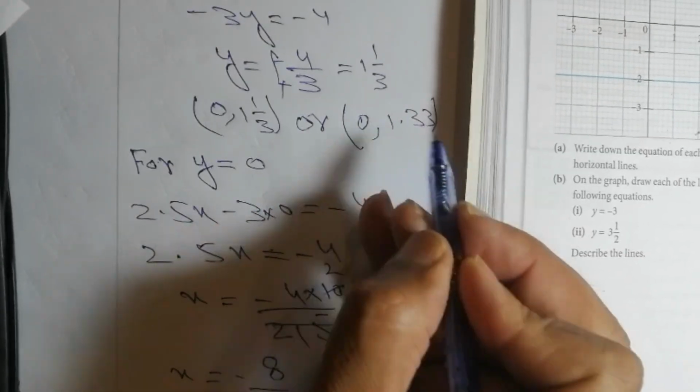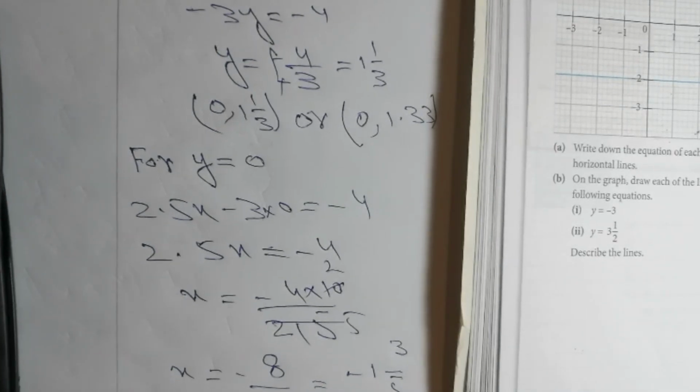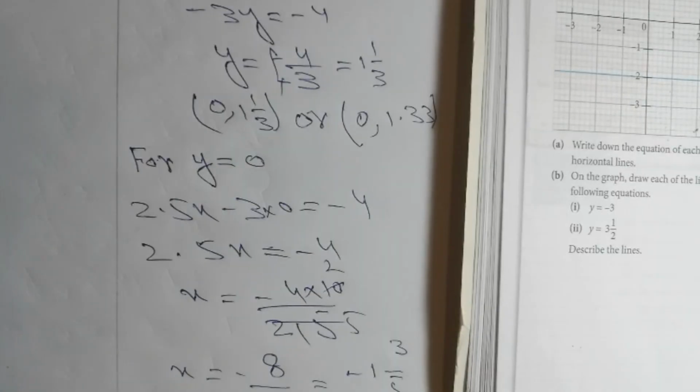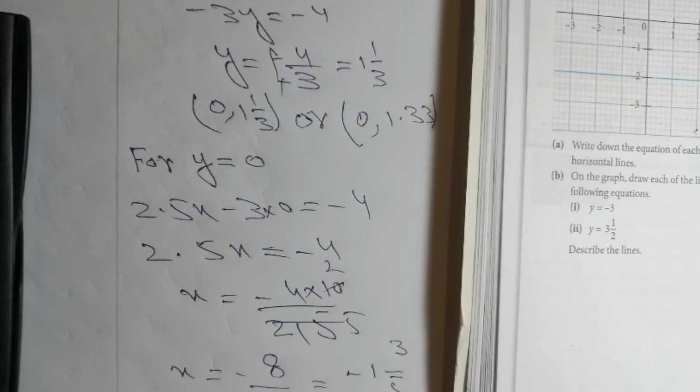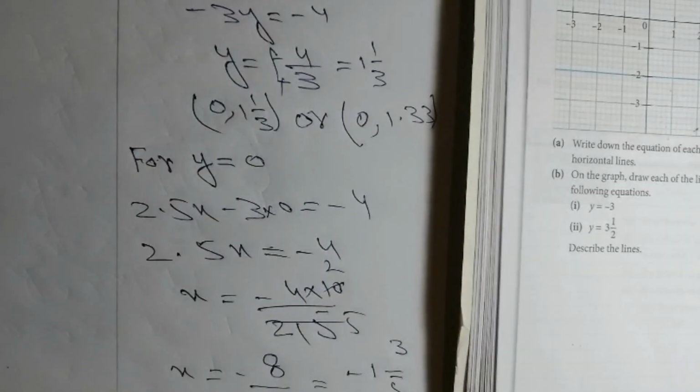And for the other, minus 8 by 5, 8 divided by 5 is 1.6, so this is minus 1.6 and 0. So we draw on the graph paper.